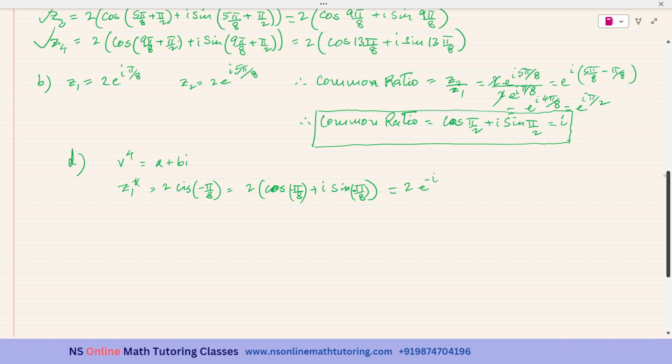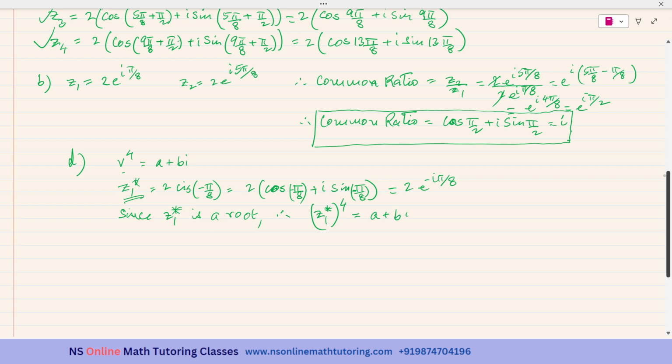It is negative i pi over 8. So v to the power of 4, in place of v, I am substituting z1 star. Since z1 star is a root, therefore z1 star to the power of 4 should be equal to a plus bi.